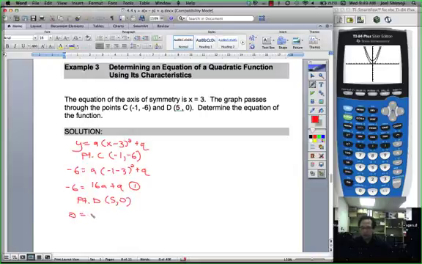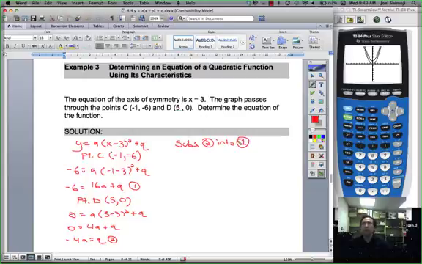0 is going to be equal to a times 5 minus 3 squared plus q. We're going to try and solve for q. So 0 is going to be equal to 4a plus q. So negative 4a equals q. Let's call that line 2. Okay. Now, what we're going to do is we're going to substitute 2 into 1.